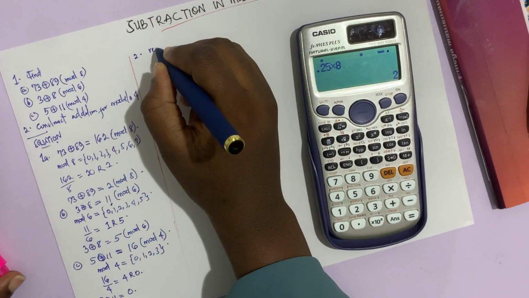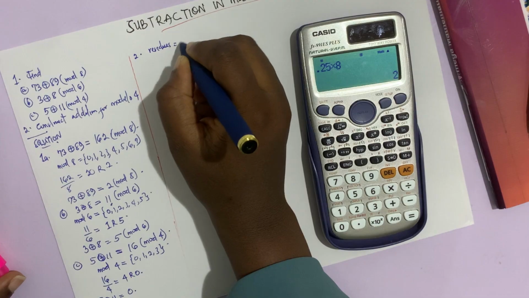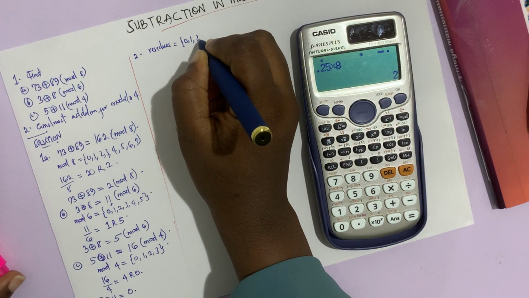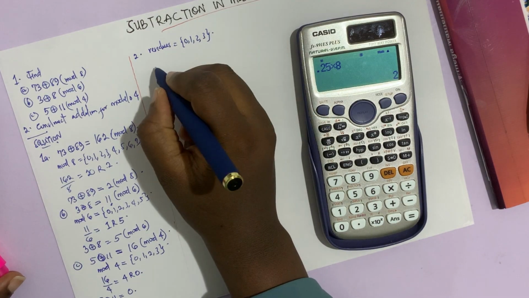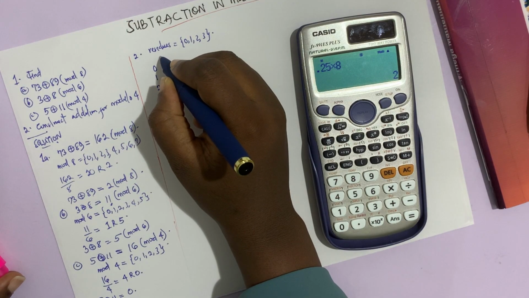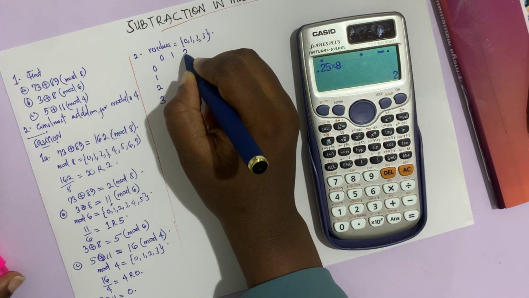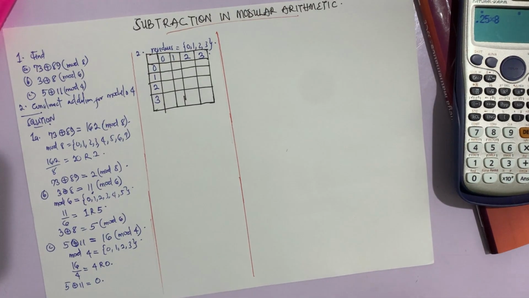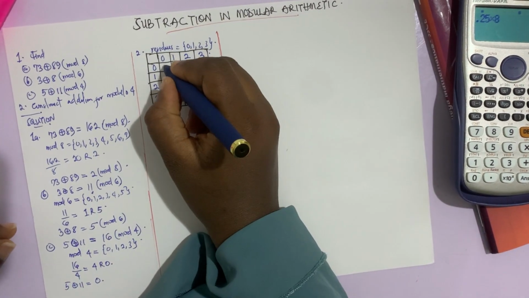We first have to write the residues of modulus 4, and that's 0, 1, 2, 3. So write it 0, 1, 2, 3, and on this side 0, 1, 2, 3. We'll add all of these one by one. So 0 plus 0 will give us 0.